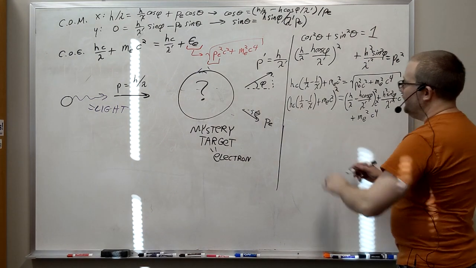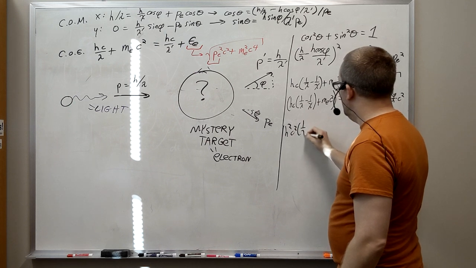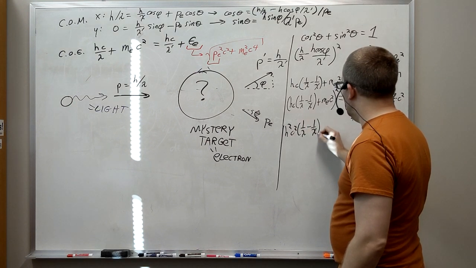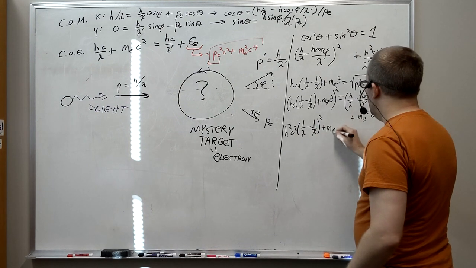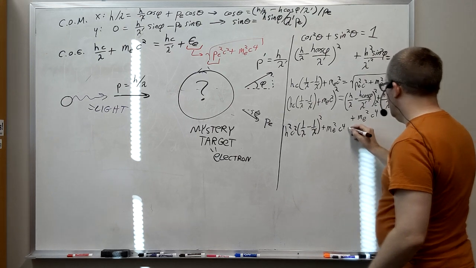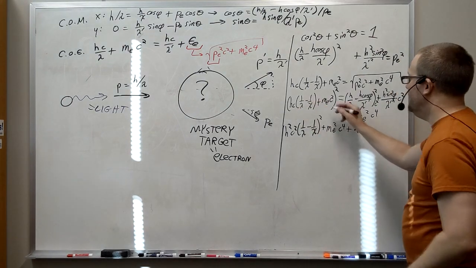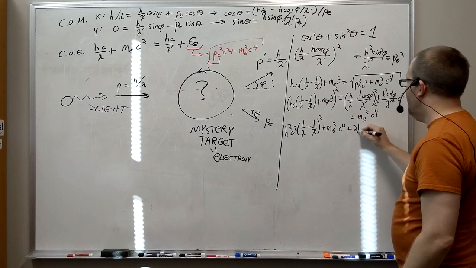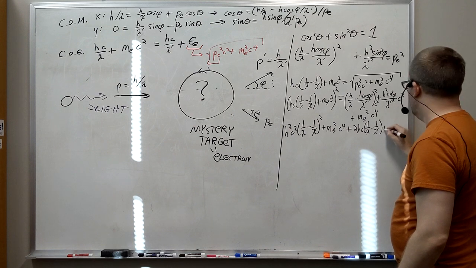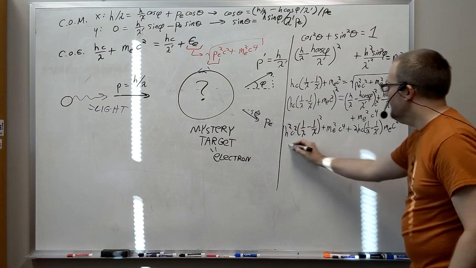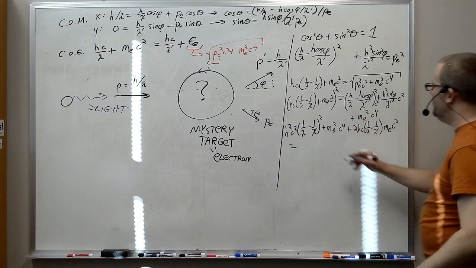So we'll take this thing, we'll FOIL it, so I'll have the first thing squared, H squared C squared times 1 over lambda minus 1 over lambda prime squared, plus last thing squared, ME squared C to the fourth, plus 2 times the cross term, the first term times the second term. So we'll have an HC times 1 over lambda minus 1 over lambda prime times MEC squared, going to equal everything from the right hand side. Let's go ahead and FOIL this out as well.